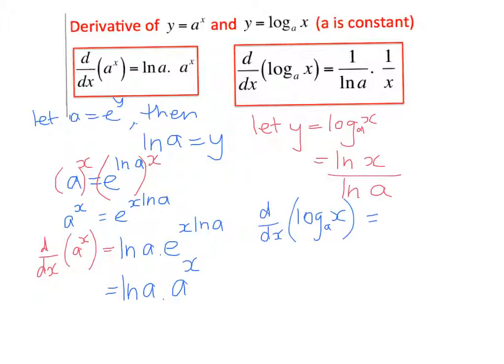Now, you know the derivative of log x is just 1 on x, and a is a constant, which means that log a is also a constant. So you could think of this as being 1 on log a times the derivative of log x. Okay, and there you have the rule. The derivative of log x base a equals 1 on log a times 1 on x.